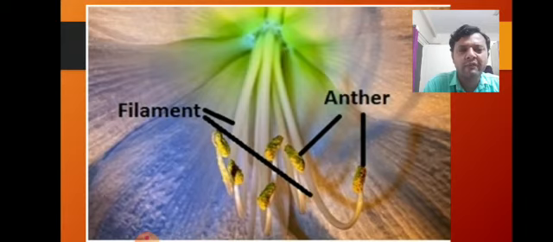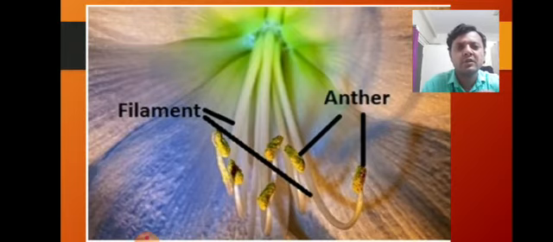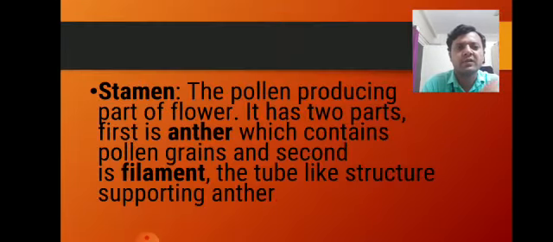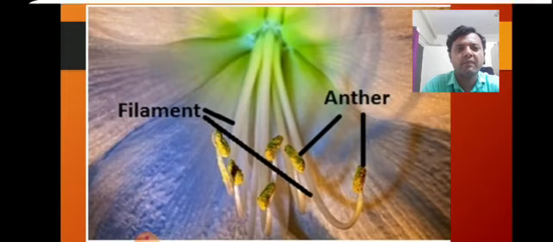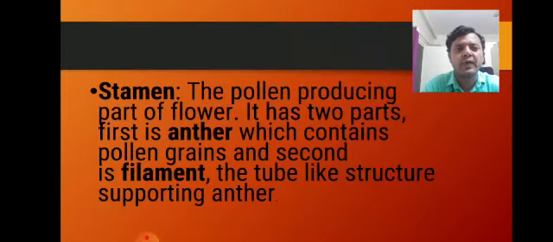Anther contains pollen grains, and filament is a tube-like structure supporting the anther.